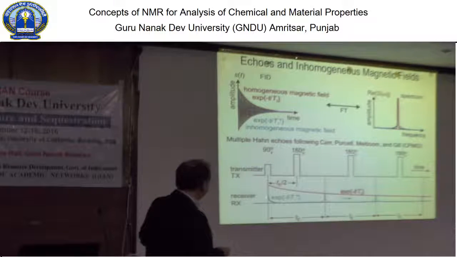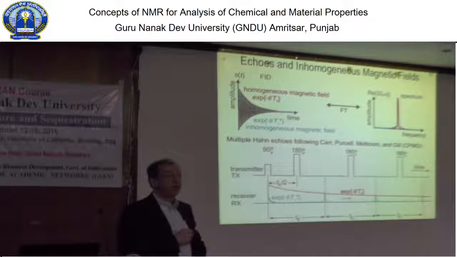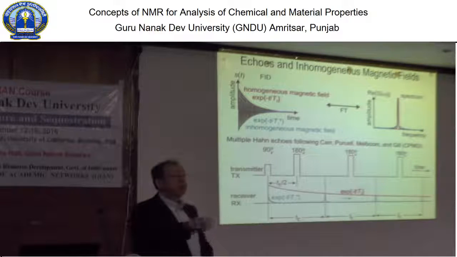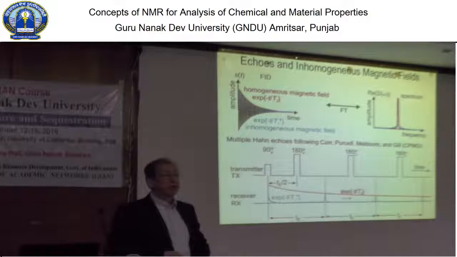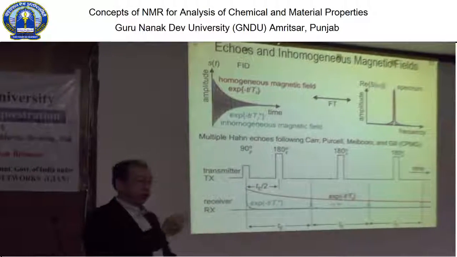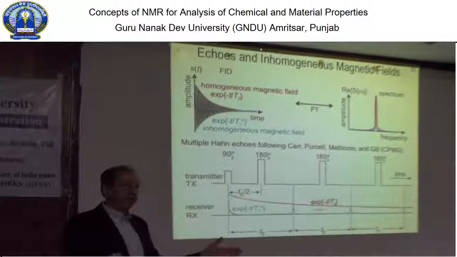Because the echo amplitudes, if you connect them, give you the relaxation decay which you naturally observe in perfectly homogeneous fields. And this tells us that in inhomogeneous fields we can still measure that relaxation decay with a simple CPMG multi-echo sequence. Very fundamental for relaxation studies, for materials analysis, for the physics community of magnetic resonance.